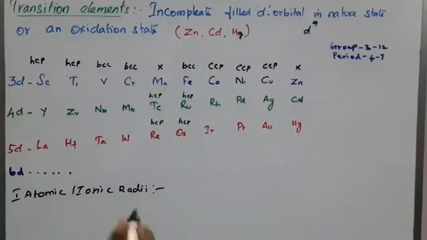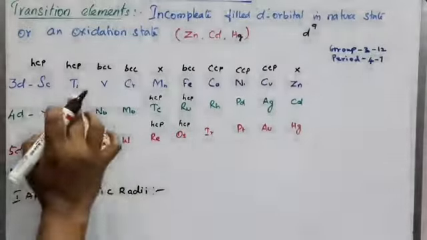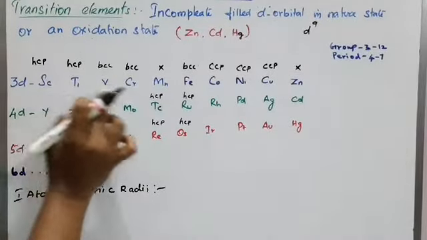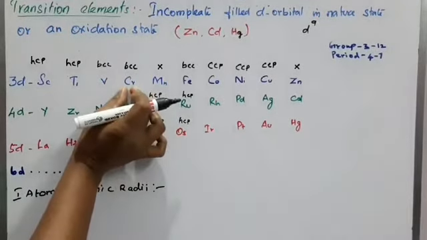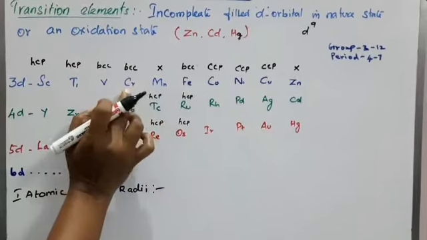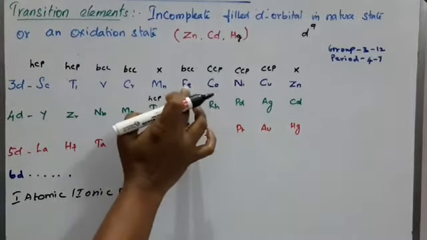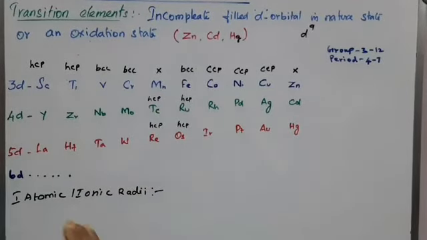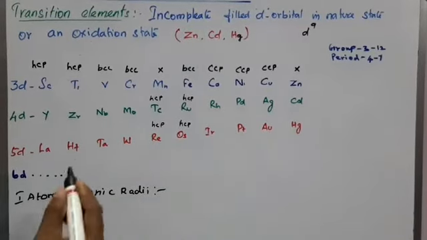So from left to right in the 3d series, the radii decrease from scandium to vanadium. After chromium and manganese, for iron, cobalt, nickel it is nearly constant, then it increases.